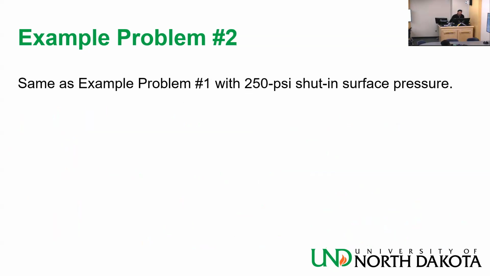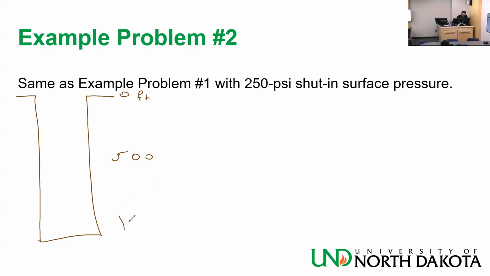Okay. Example problem number 2: same problem as number 1, but with 250 psi surface pressure. So that's the same thing that you asked before. I will draw it again, just 0 feet, 5,000 feet.